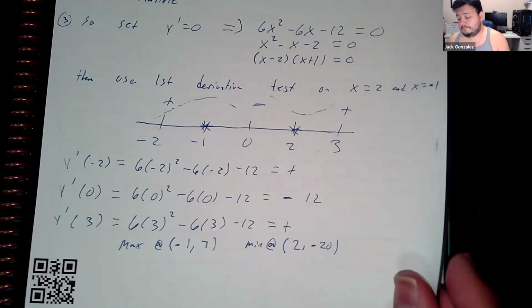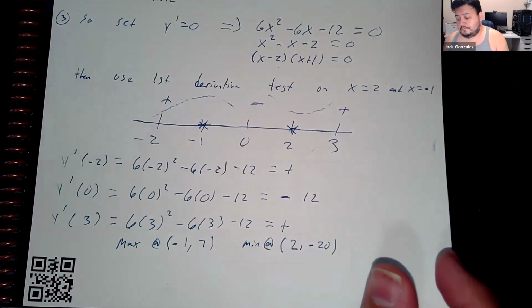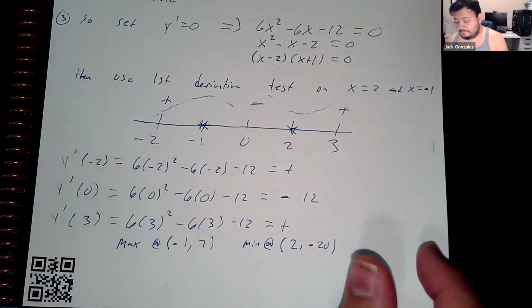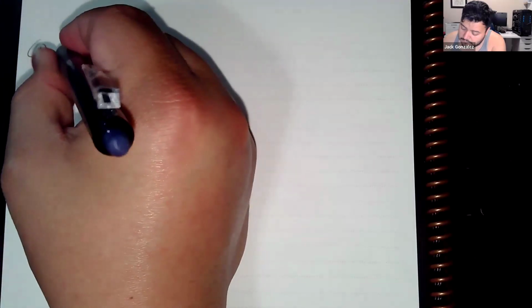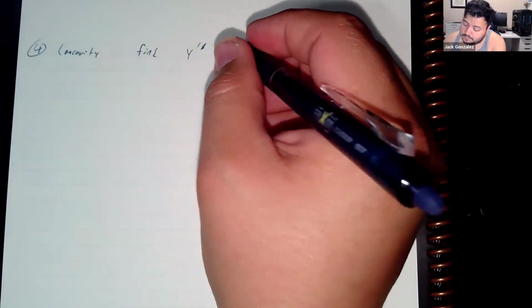All right. Let's do concavity. Find y double prime and set it to 0.